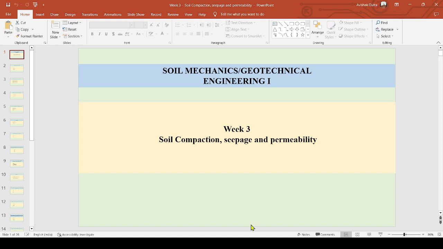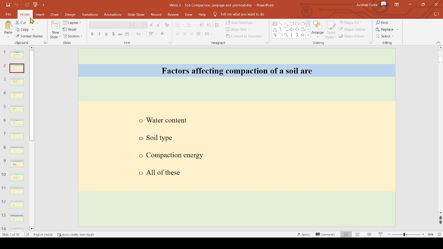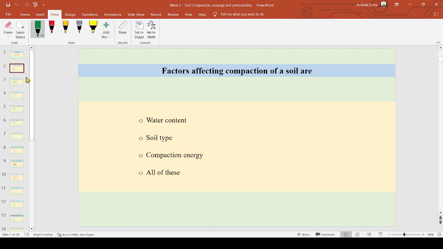Okay. So the first question was factors affecting compaction of the soil are. What is the answer? Any answer? Yeah, it will be better if you tell the answer, so I don't have to juggle between the Google Meet and the PPT.